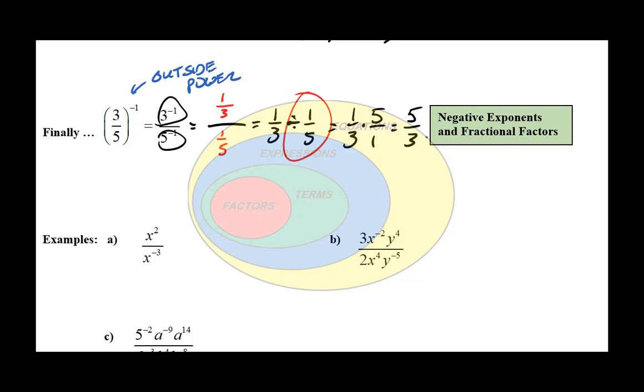So what I want to look at then is we had 3 to the negative 1 over 5 to the negative 1, and that's equal to 5/3.